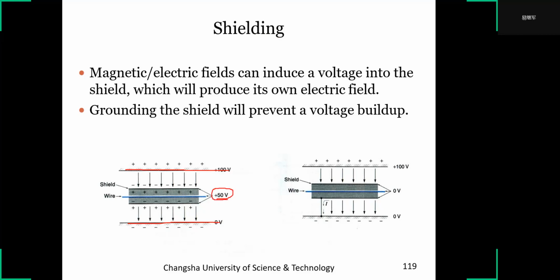So if we put the shield to the ground, the voltage will be zero. A magnetic electrical field can induce voltage into the shield, which will produce its own electric field. Grounding the shield will prevent voltage buildup.